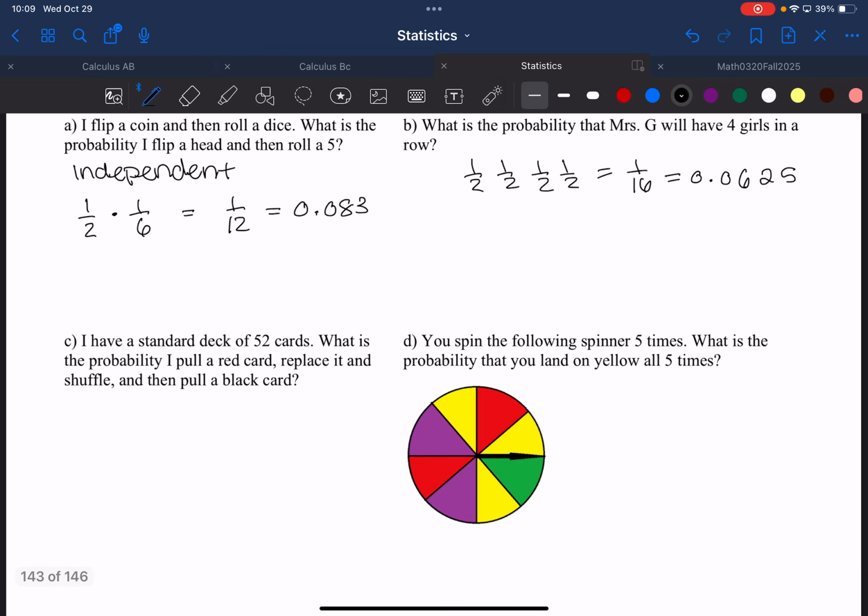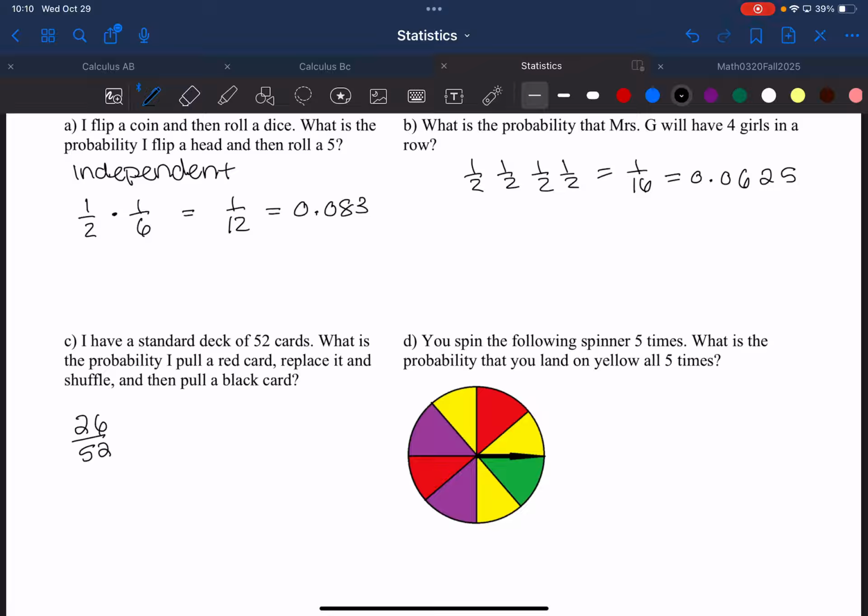C says, I have a standard deck of 52 cards. What is the probability I pull a red card, replace it, shuffle it, then pull a black card? Okay, so this is trial with replacement, which means the probability stays the same. So, thinking of the probability of first a red card, how many red cards are in the deck? 26. Half the deck is red. Okay. Then you put the card back, and now you're looking for a black card.